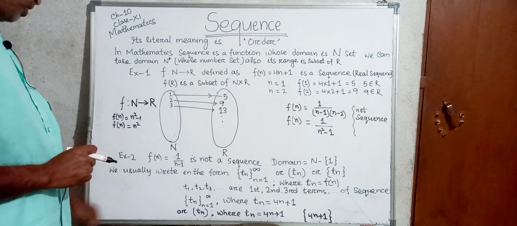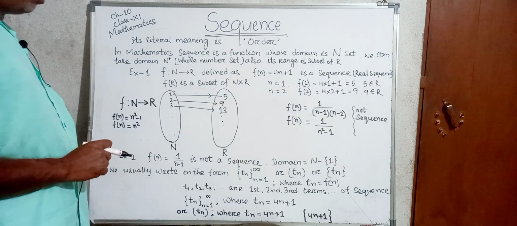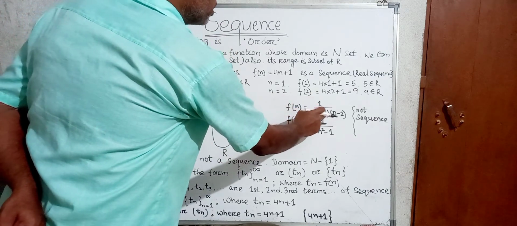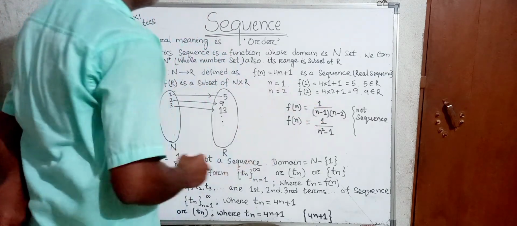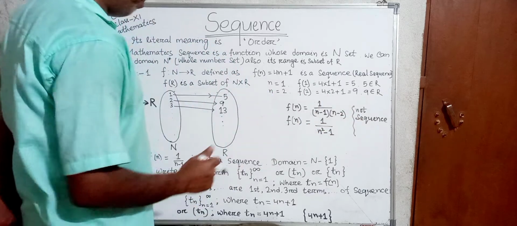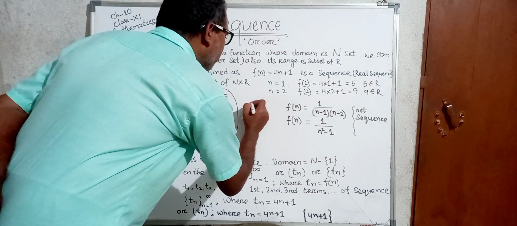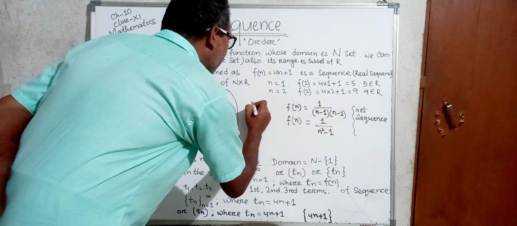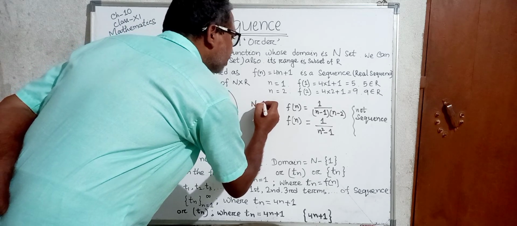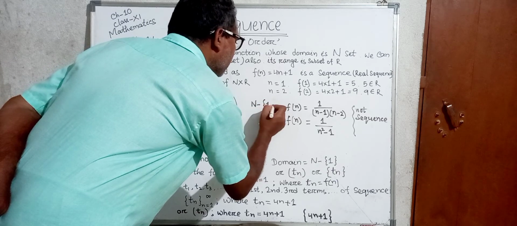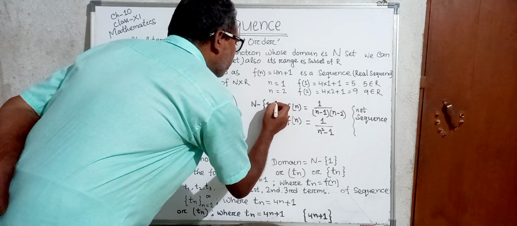Another example: f(n) = 1 by (n minus 1) into (n minus 2). It is not a sequence, because here the domain will be N difference the set having elements 1, 2.